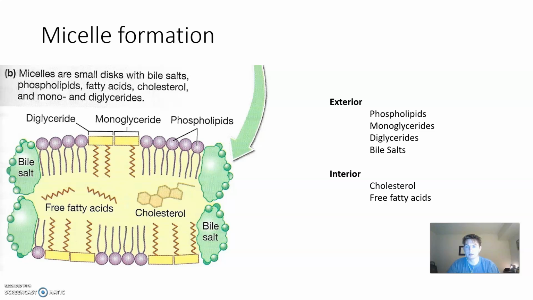On the exterior of these micelles you have bile salts, phospholipids, diglycerides, and monoglycerides, and within the micelle itself you have cholesterol and free fatty acids. Cholesterol doesn't have a hydrophilic region, so that's why it congregates on the internal side of the micelle.